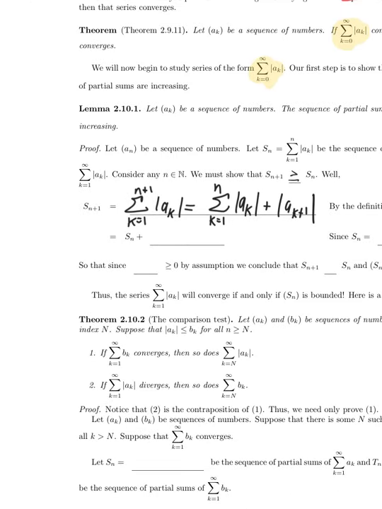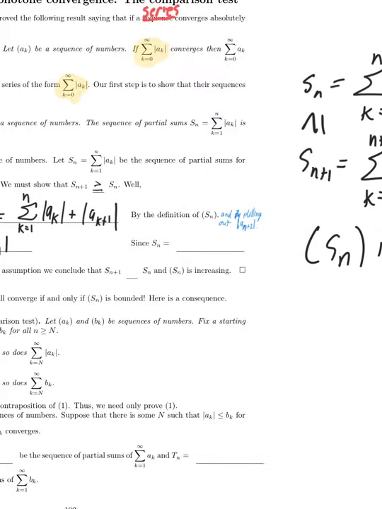Oh, but check it out. This is exactly Sn, since Sn is the sum k equals 1 to n of absolute ak. And then there's this last term.